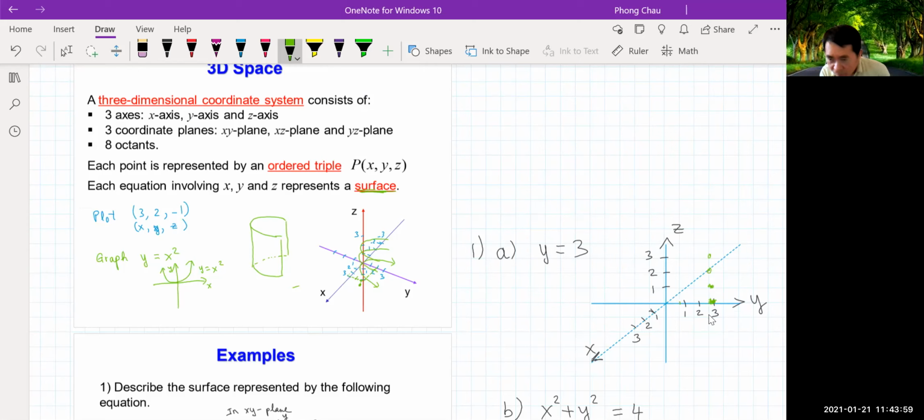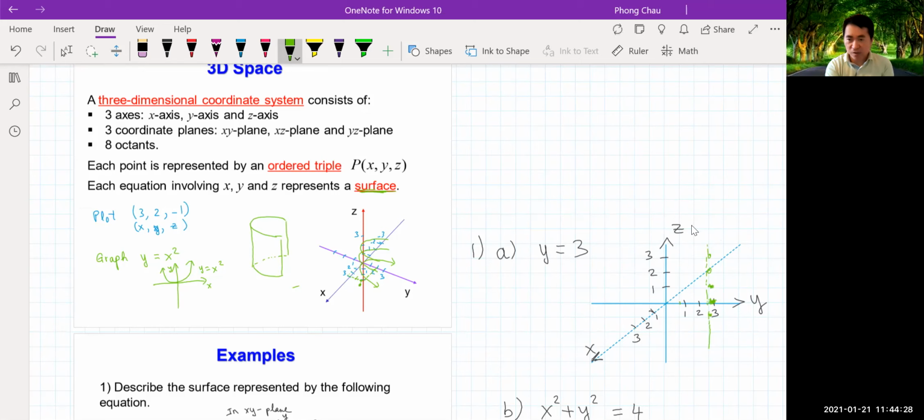If you look carefully, you think that all of these points have y equal to 3, right? But don't forget that we have the third dimension. If you go up or down, the y stays at 3. If you go forward and backward, into the computer screen and out of it, your y still doesn't change, right?